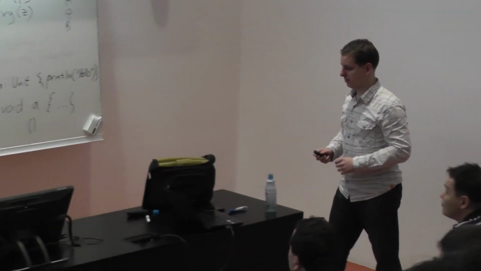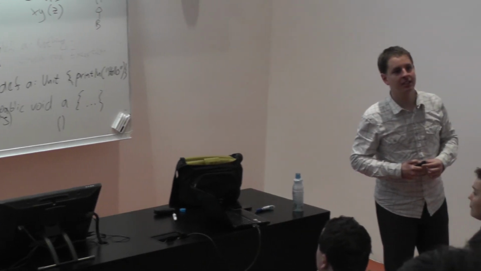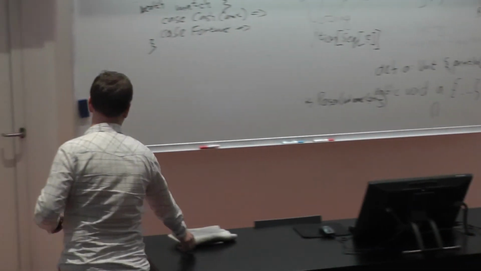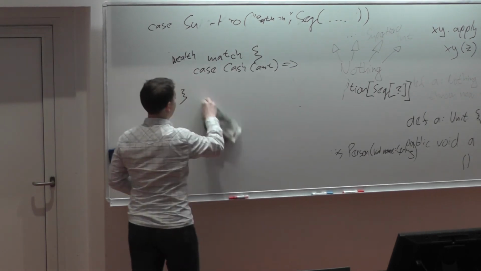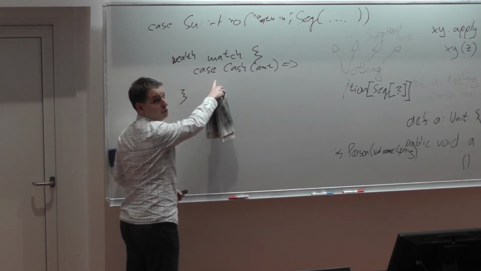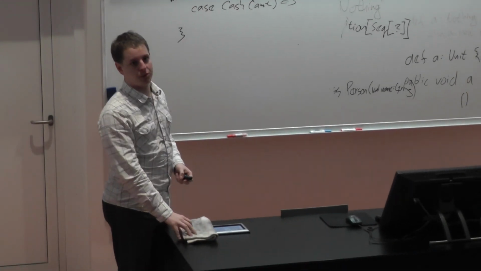So this is the sealed class. Yes? So it would be okay if I omit the case Fortune in the match. If you omit this case Fortune, now the compiler knows, yes, you match Cash, but you don't match Fortune. You have non-exhaustive pattern matches.